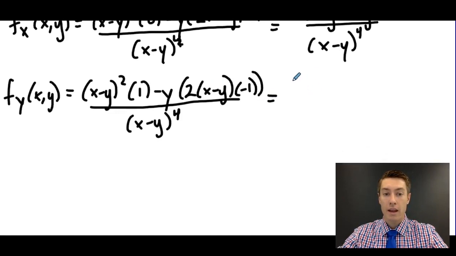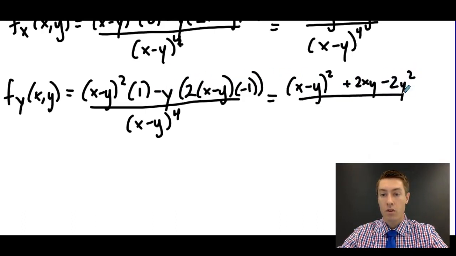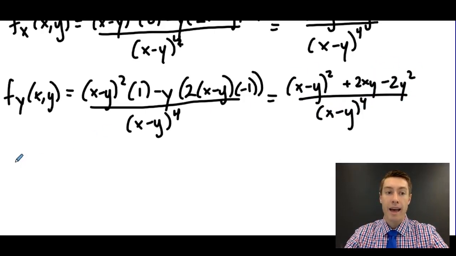So we would get (x minus y) squared minus 2xy, plus 2xy actually, and then we would get minus 2y squared over (x minus y) to the fourth, and we can simplify that.